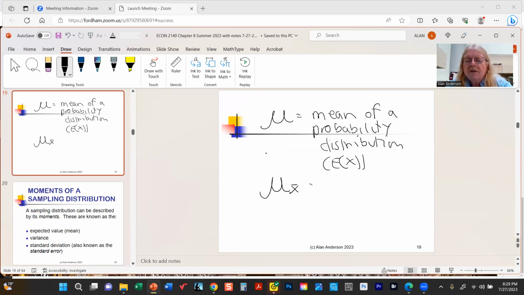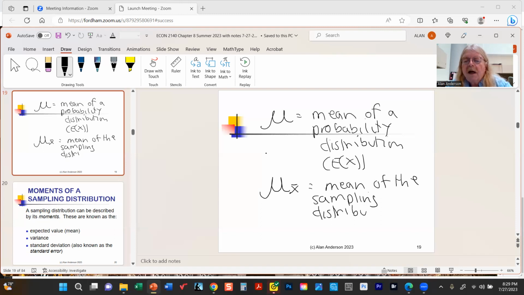We're going to introduce the notation mu X bar, the mean of the sampling distribution, specifically the sampling distribution of X bar. So only in the case when we're dealing with X bars, if we're creating a probability distribution by repeatedly sampling, the resulting X bars will have their own mean, which we will write mu X bar. And by the way, in this case, you can also write this as expected X bar because it's the same thing.